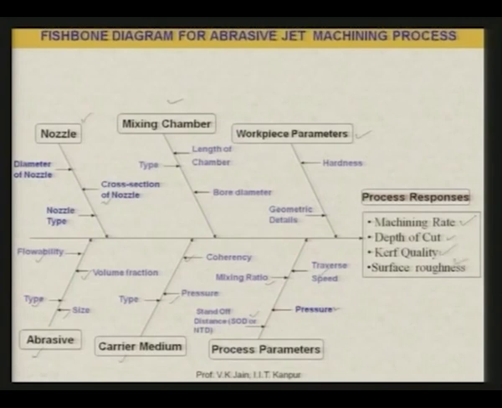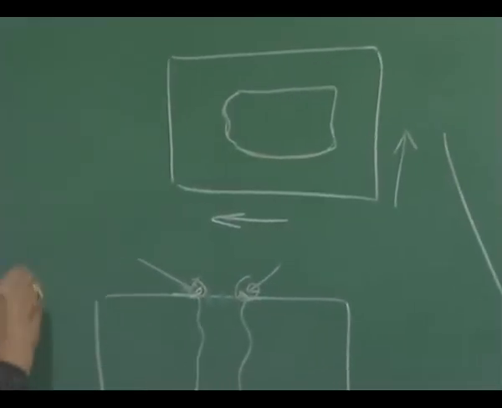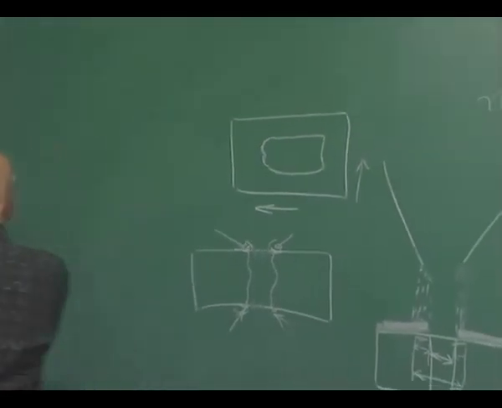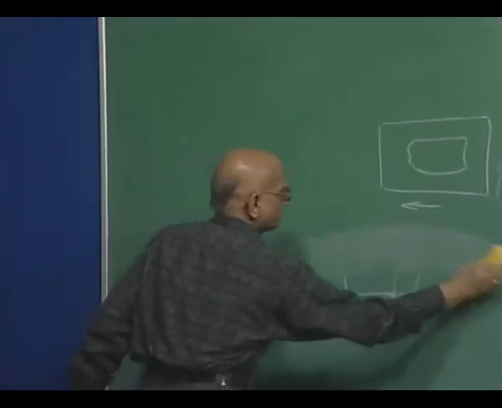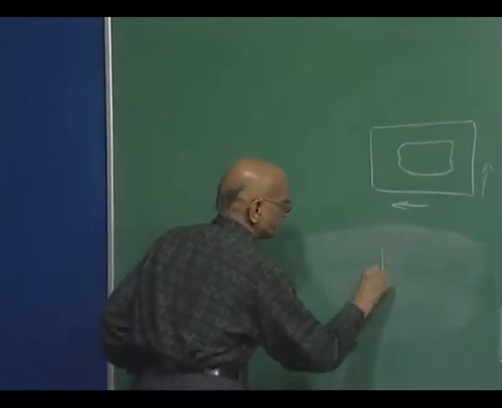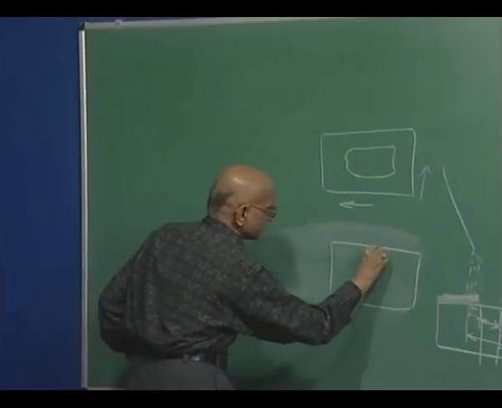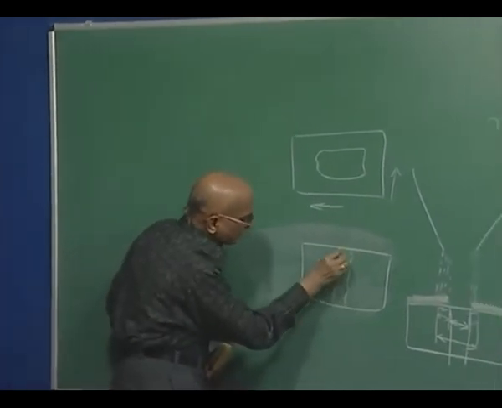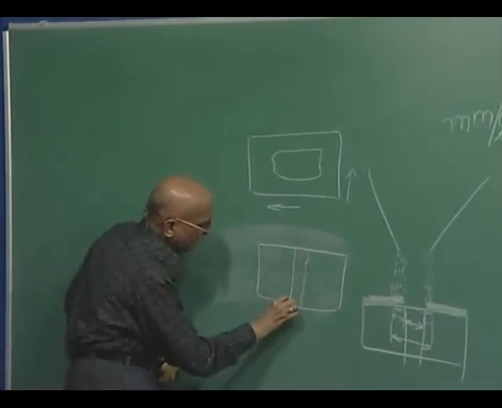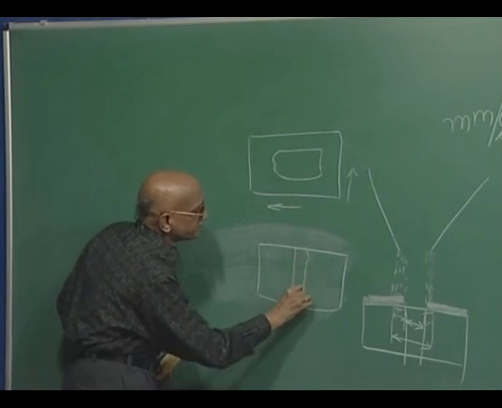What is this kerf quality? When you are cutting this workpiece over here, say this workpiece you want to cut, you are cutting it like this, then what is the quality of the surfaces after cutting this piece?